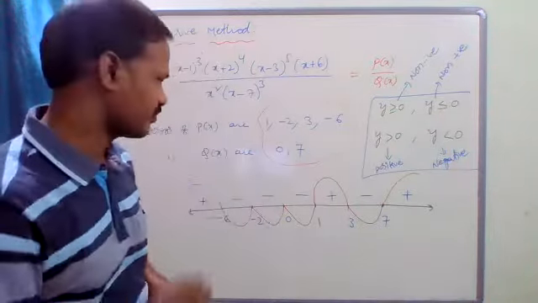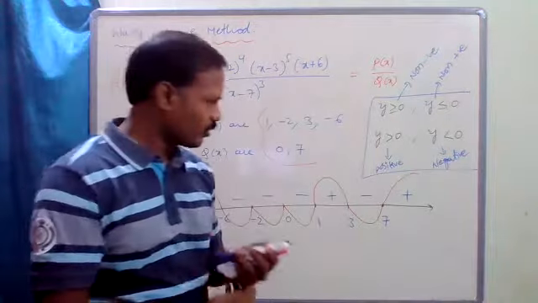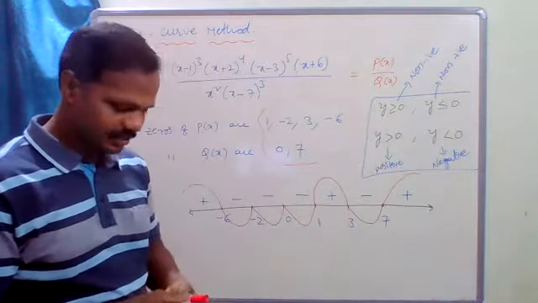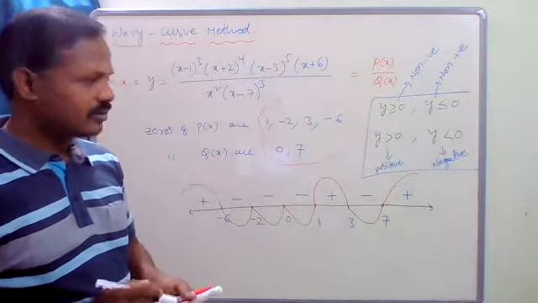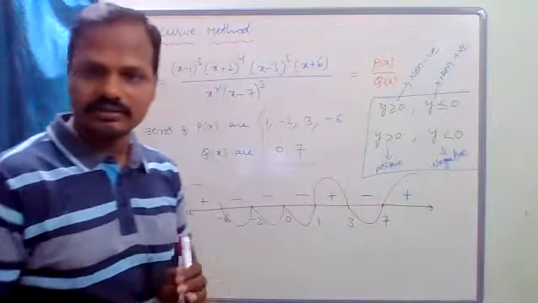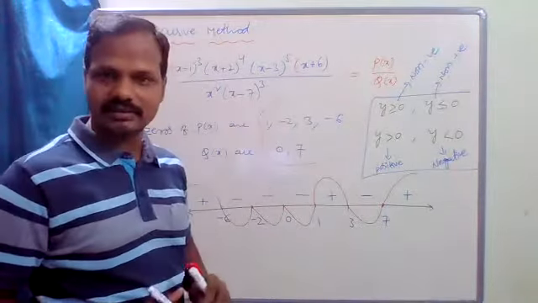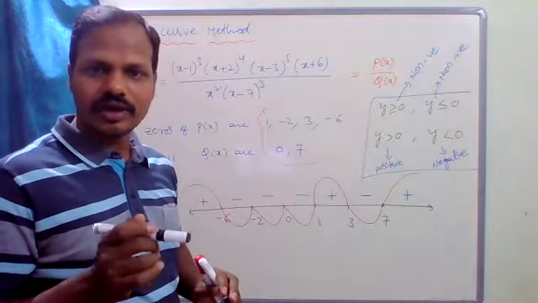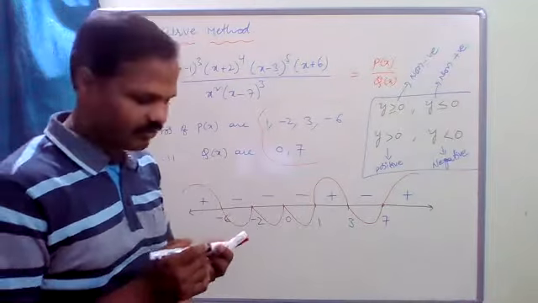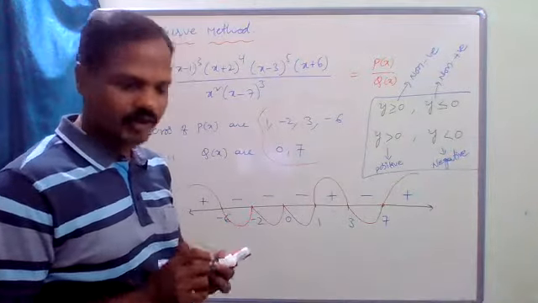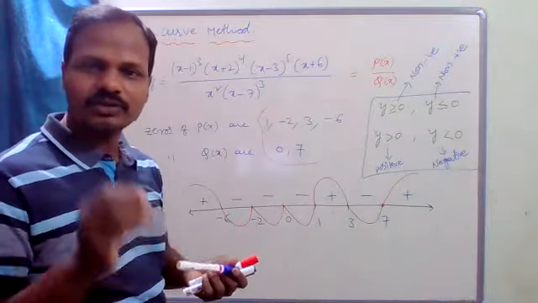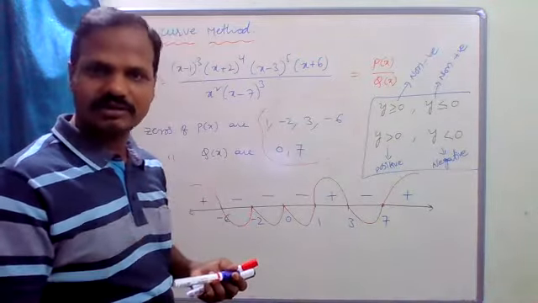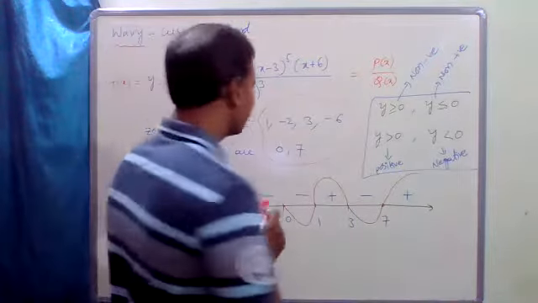Now, coming to our problem. Where the denominator, that is q of x, is 0, there you have to use a white bubble. The meaning of a white bubble is that the value should not be included in our interval result.